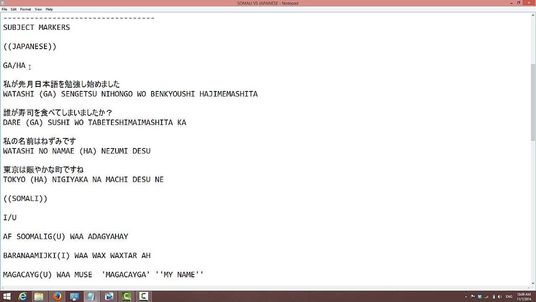It's really hard to explain ga. You have to see some examples. That's how I learned. They're almost the same, but not exact. So let's look at some example sentences so you guys can get a better idea of how these two subject markers work.